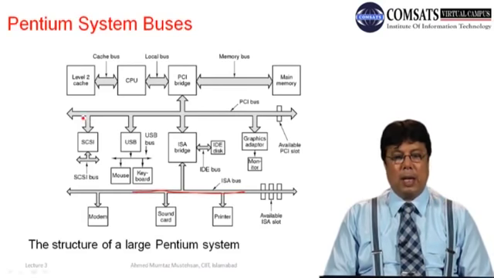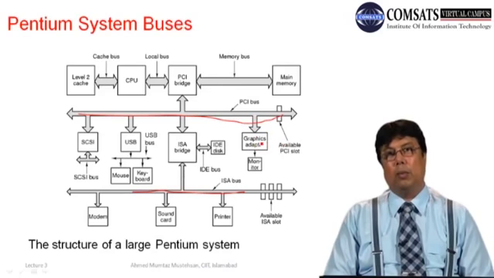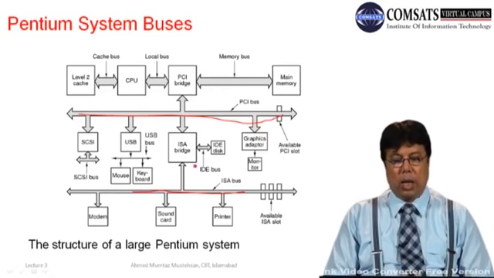Then we got a PCI bus, and a lot of devices shifted. For example, the graphic card: you need 2D graphics, 3D graphics and real-time images to be handled, so obviously this bus was not capable, so you need to put these PCI graphic adapter cards on the PCI bus. But there are also still devices that are connected on this ISA bus, so you need to have the interface, the ISA bridge. The ISA bridge is a bridge between the PCI and this ISA bus.